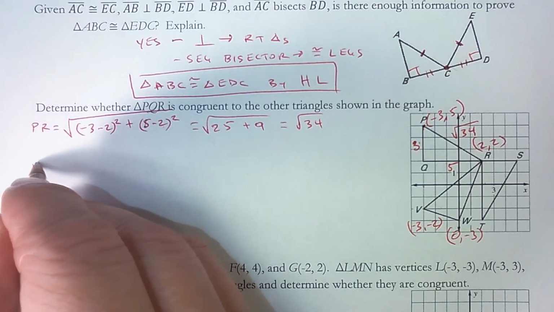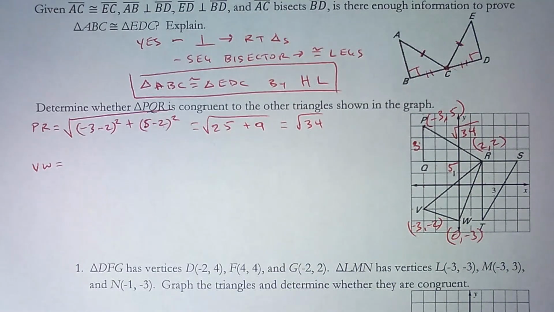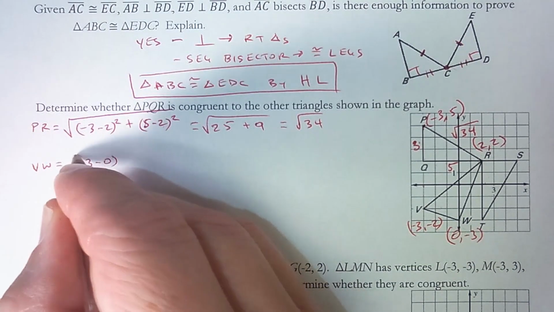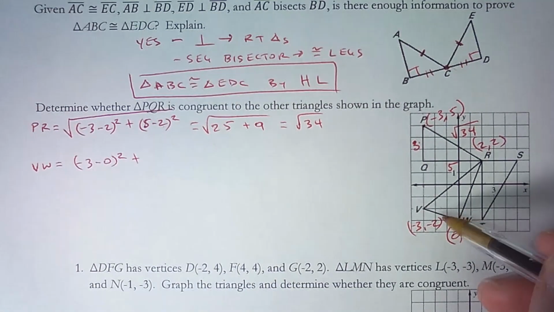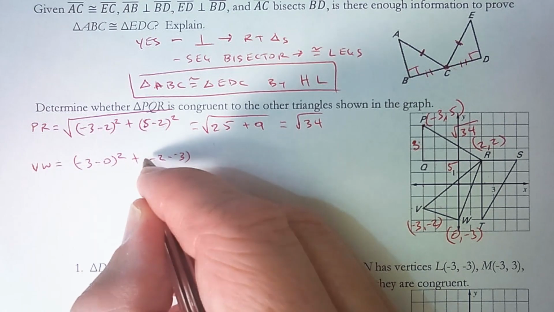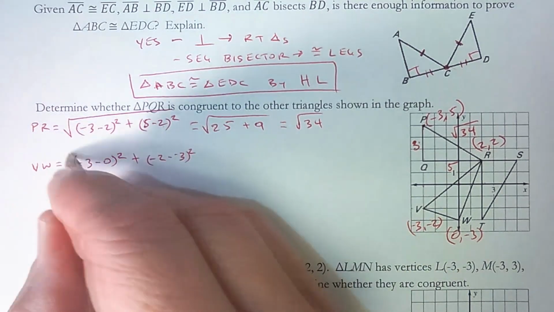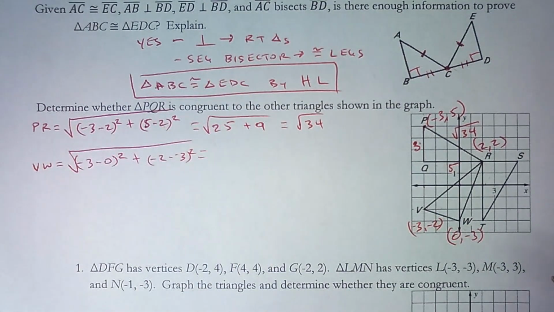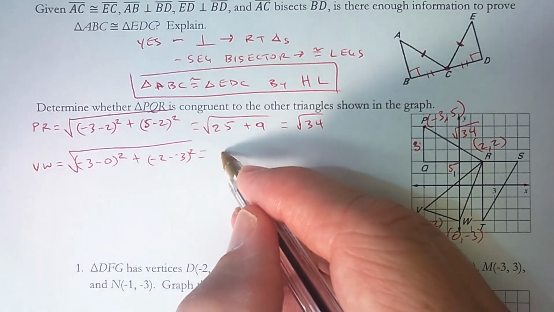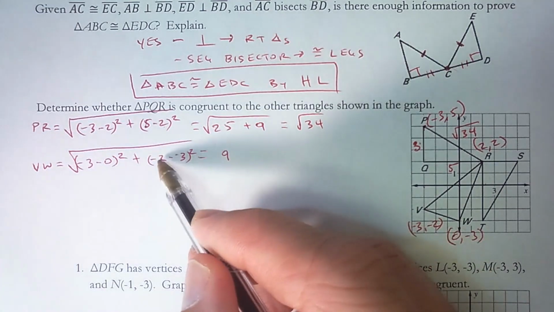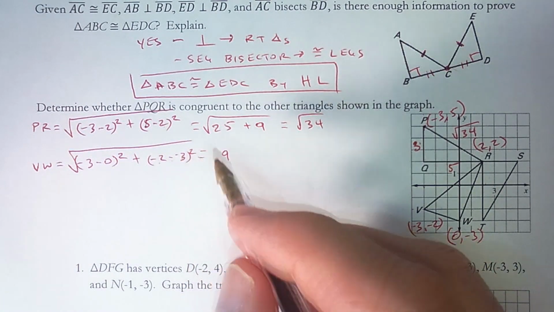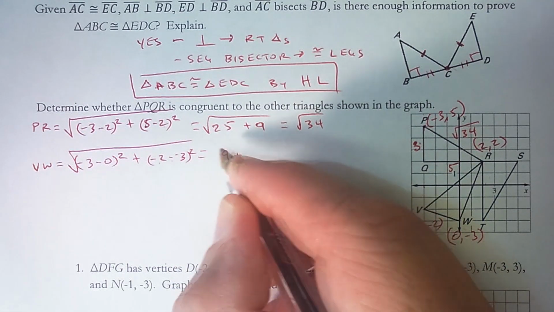Okay, so the length of VW: x minus x, -3 minus 0 squared, plus y minus y, -2 minus -3 squared, all under a square root. -3 minus 0 is -3, squared is 9. -2 minus -3, so that's the same as -2 plus 3, and that is 1.